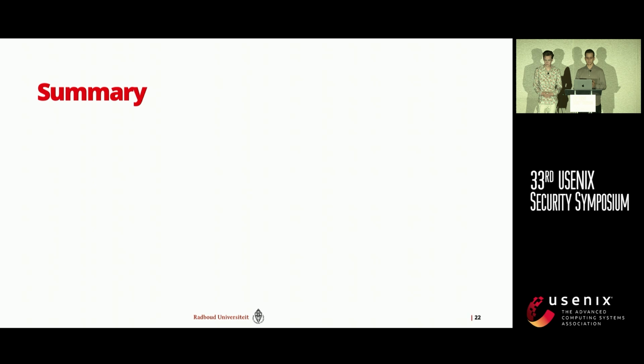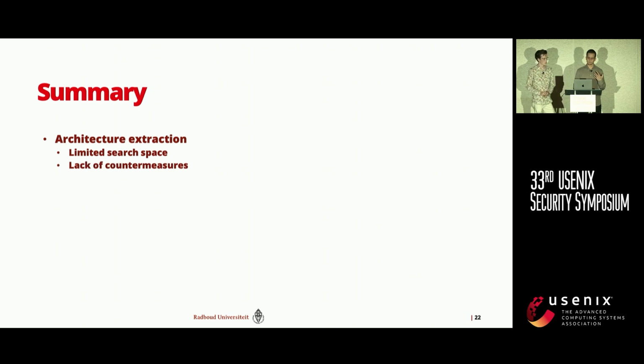As a small summary, for architecture extraction, the literature is very limited in the search space that they explore, but they can extend their work because, as we show, you can extract fine-grained details as well. Although we have yet to see countermeasures against architecture extraction, there have been some constant time implementations for activation functions, which may count as a countermeasure.